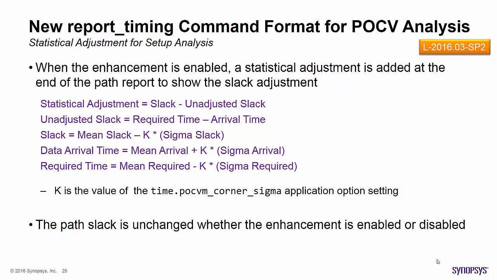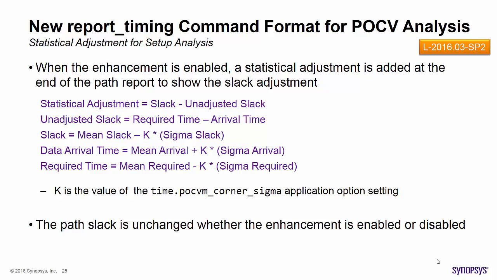When the enhancement is enabled, a statistical adjustment is added at the end of the path report to show the slack adjustment. Statistical adjustment is slack minus unadjusted slack. Unadjusted slack is required time minus arrival time. Slack is mean slack minus k times sigma slack.